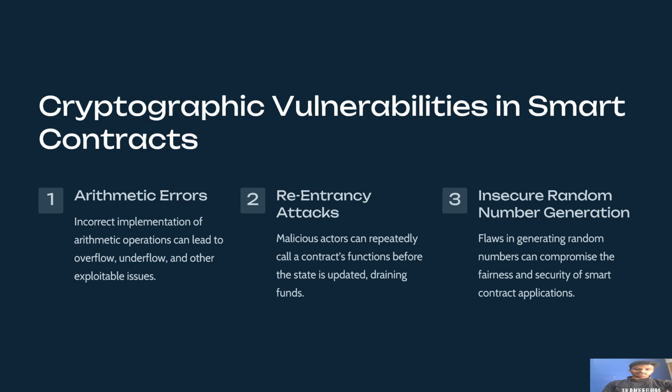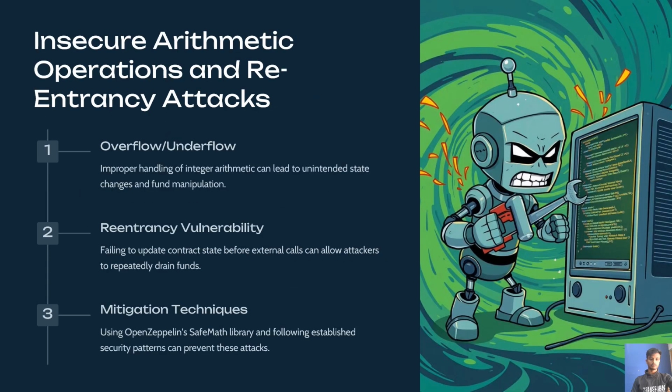Second, in re-entrancy attacks, malicious attackers can repeatedly call the contract's functions before the state is updated, draining funds. Third, flaws in generating random numbers can compromise the fairness and security of smart contract applications.